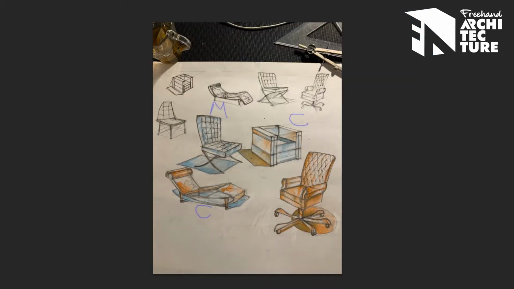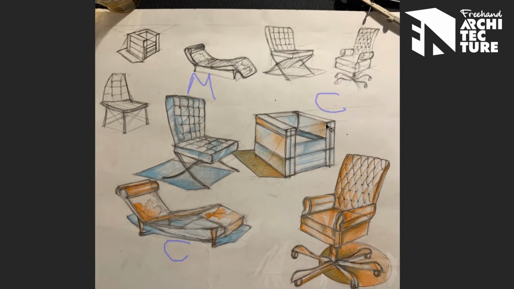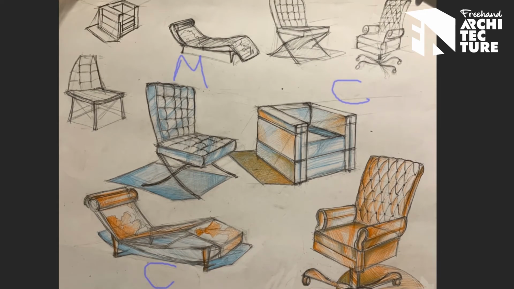Next principle would be understanding that these are chairs, so they're made to look comfy. You need to make them look like they are furniture. If you have experience with sketching buildings, they're not buildings.